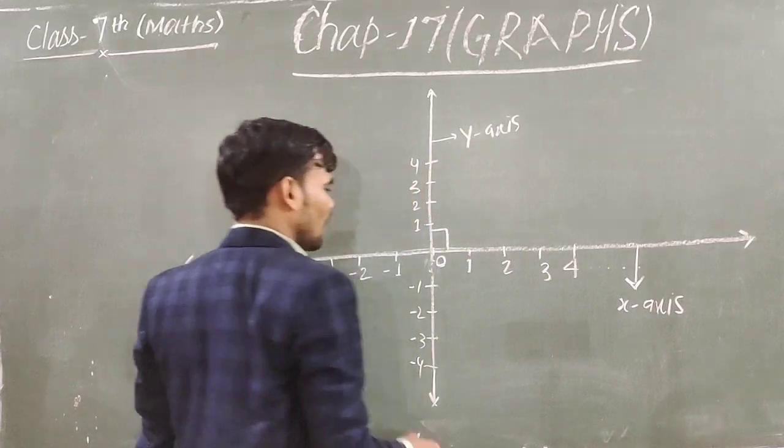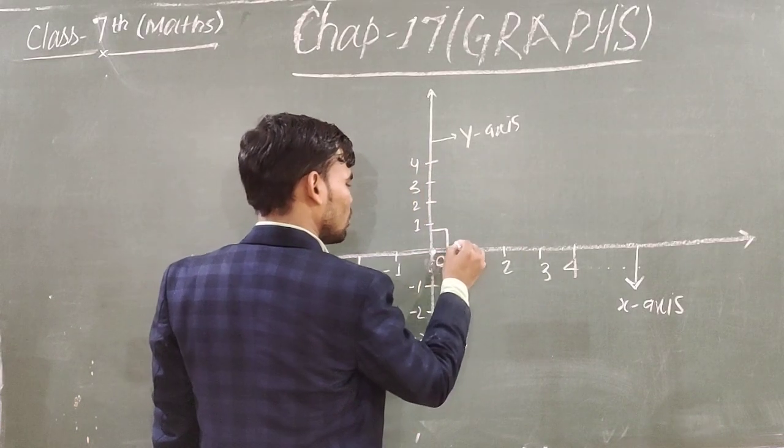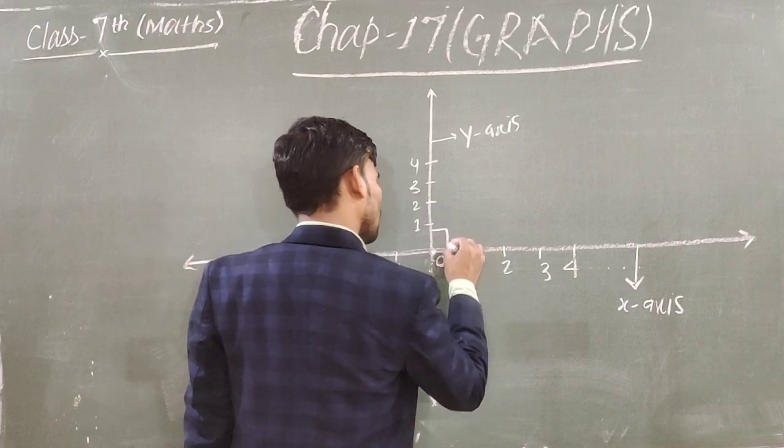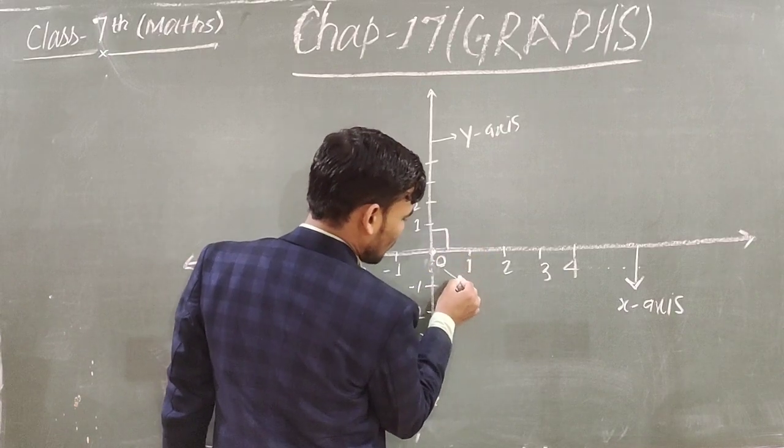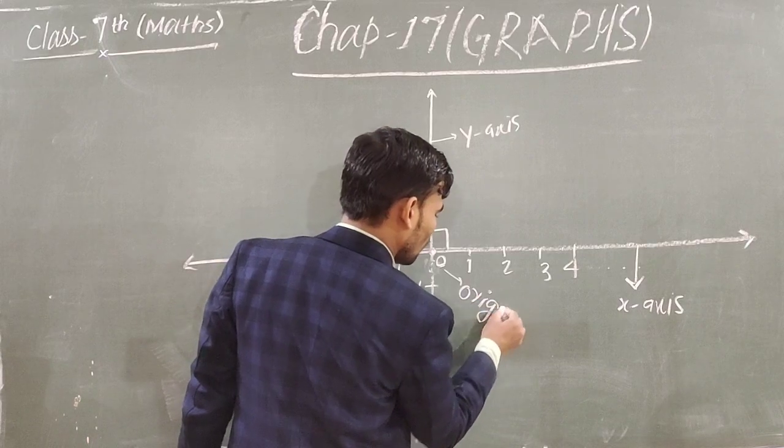The point of intersection of these two number lines is denoted by capital O and this is known as origin. In between we call it null bindu.